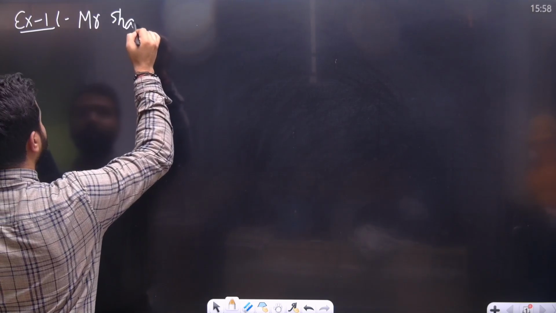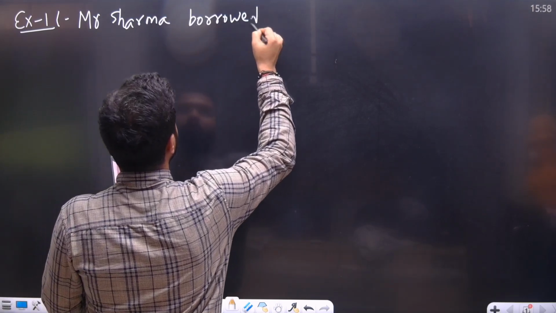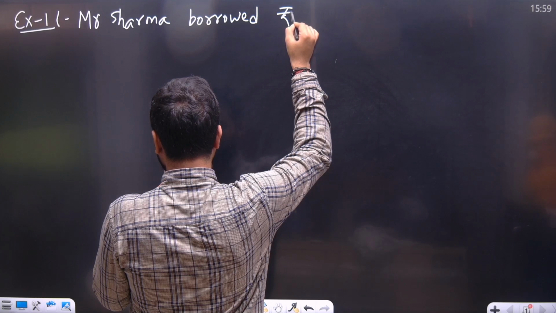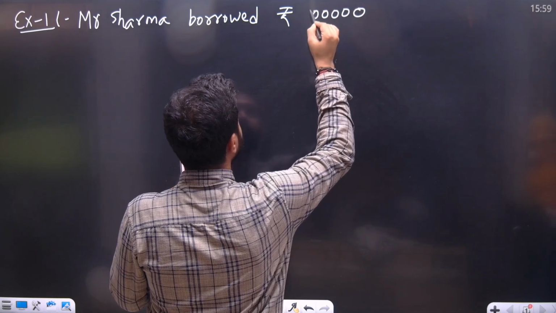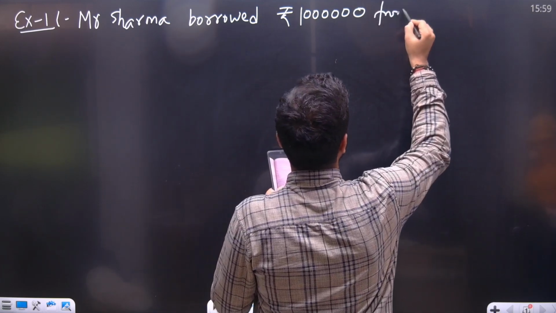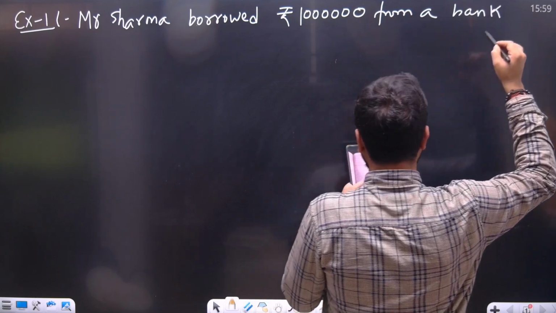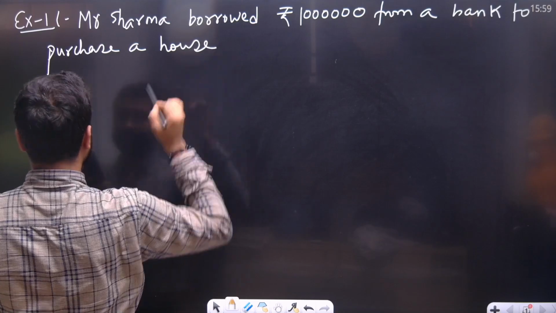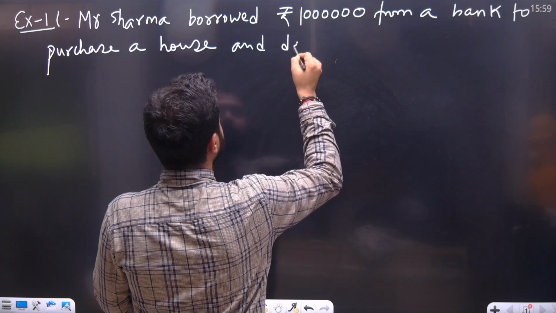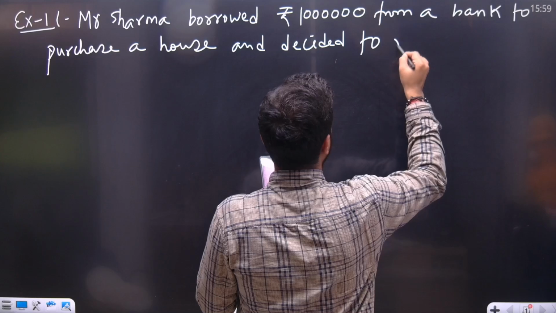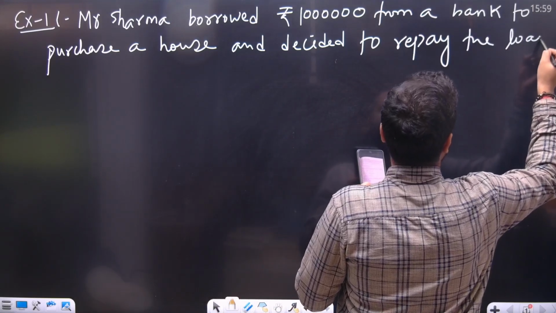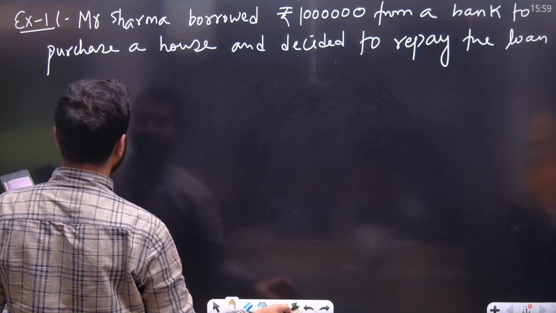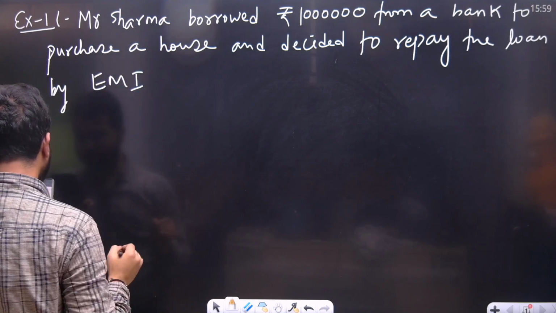Mr. Sarma borrowed rupees 10 lakh from a bank to purchase a house, and decided to repay the loan by equal, or you can say by EMI, equated monthly installment, in 10 years.